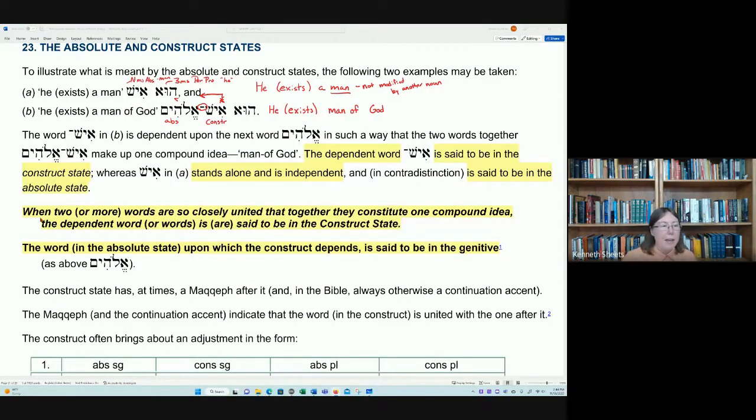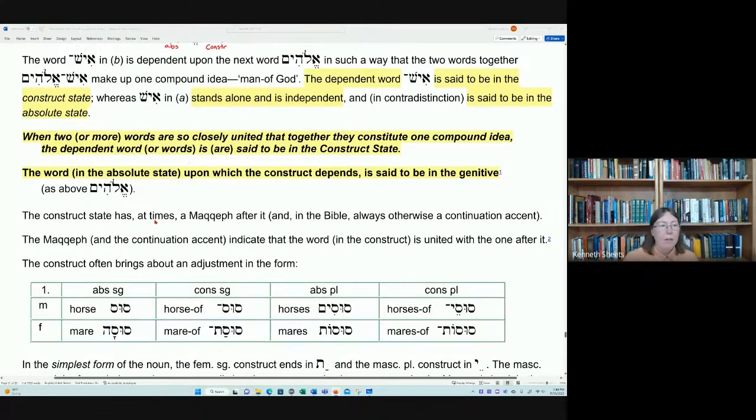So here we have then, when two or more words are so closely united that together they constitute one compound idea, the dependent word or words are said to be in the construct state. The word in the absolute state upon which the construct depends is said to be in the genitive. So Elohim could be viewed as being in the genitive, and ish then is being modified.